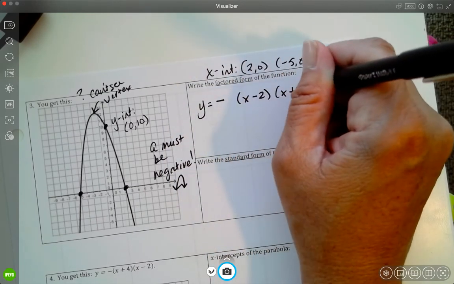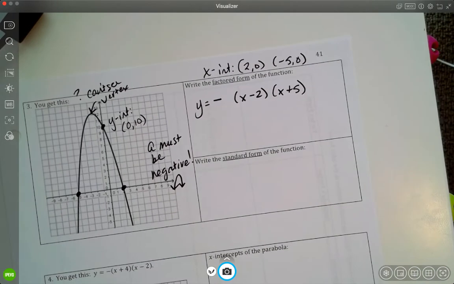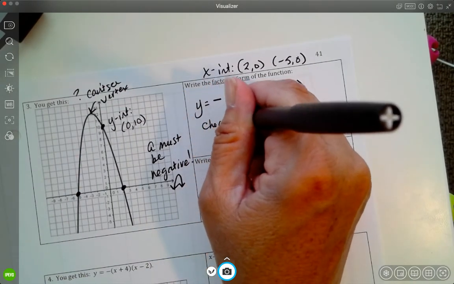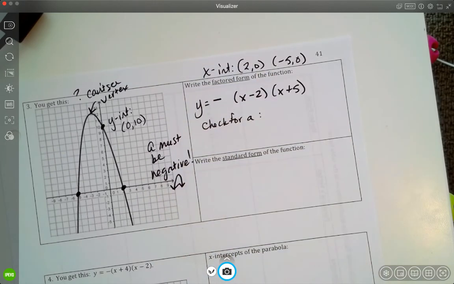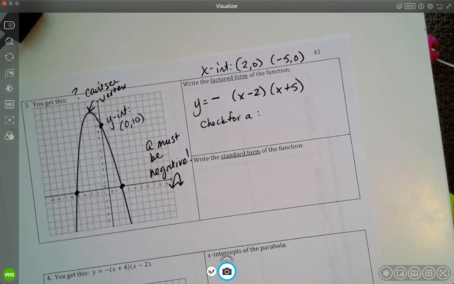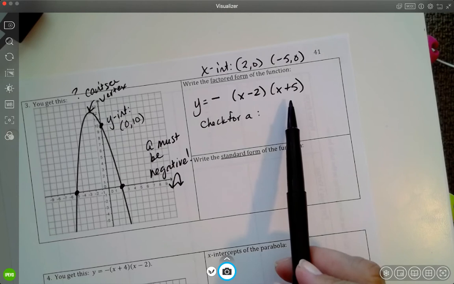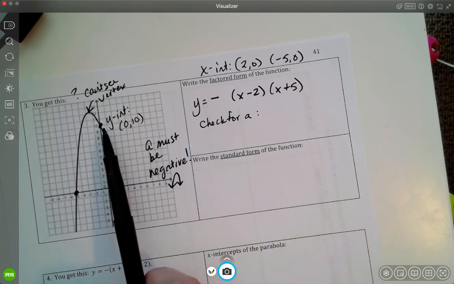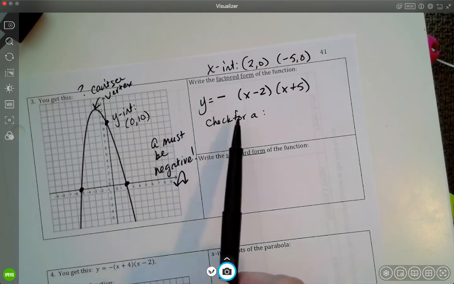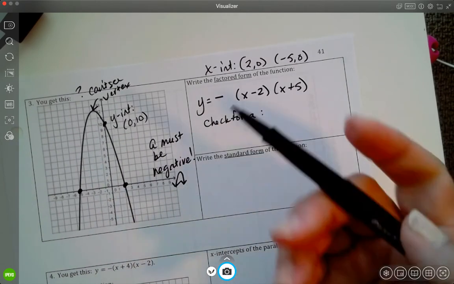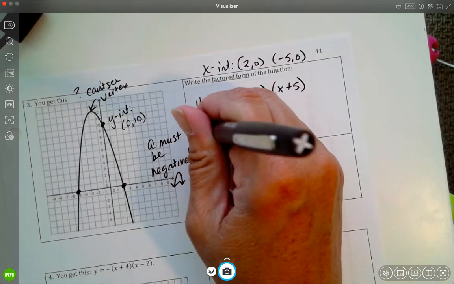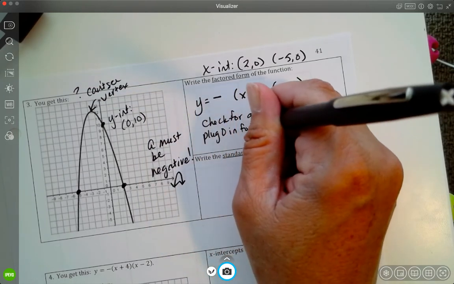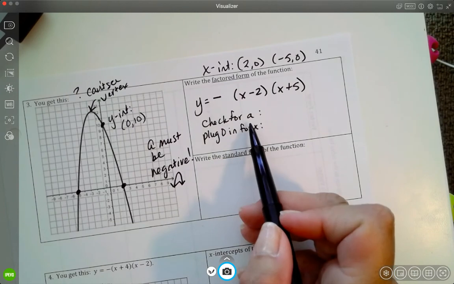Okay, so I'm going to do a little check for a. The way I'm going to do that is if my equation will give me the correct y-intercept, then I know that a doesn't have to be any other number. So I'm going to plug 0 in for x to see if I have to change my a.